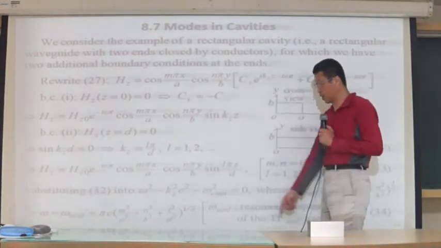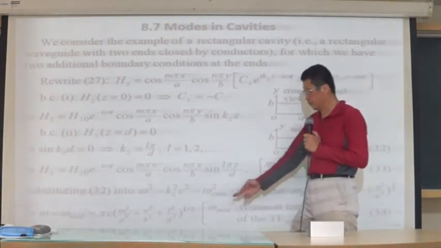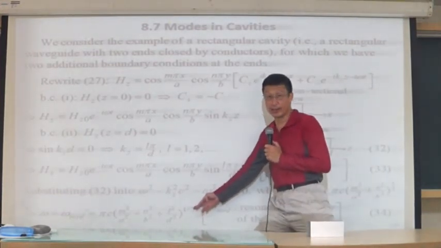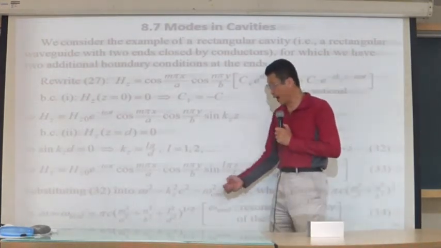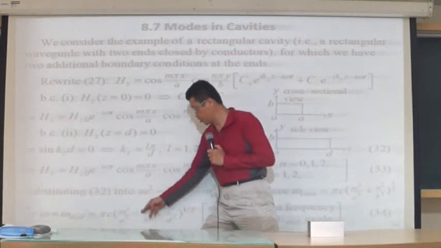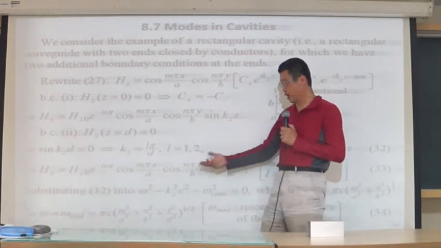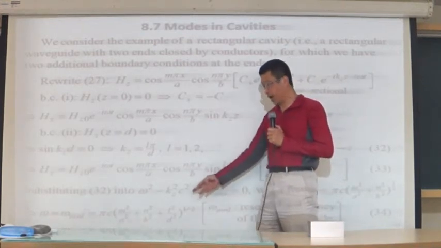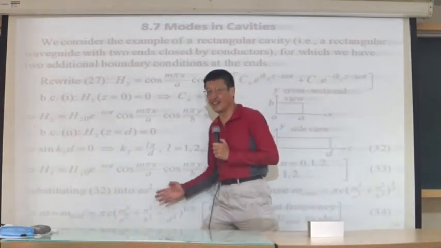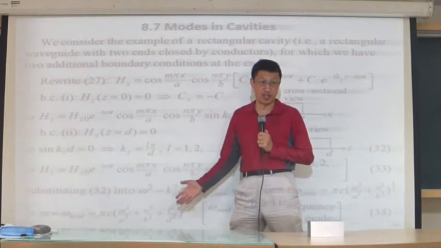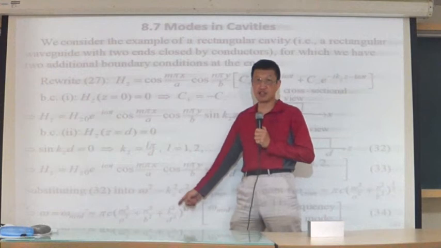Substituting into equation 32, we got this one. See, the resonance frequency is quantized. And we will have many resonance frequencies, many combinations: m from 0, 1, 2, 3, n from 0, 1, 2, 3, L from 1, 2, 3. So we will have an infinite number of resonance frequencies, infinite number of eigenvalues in this case.